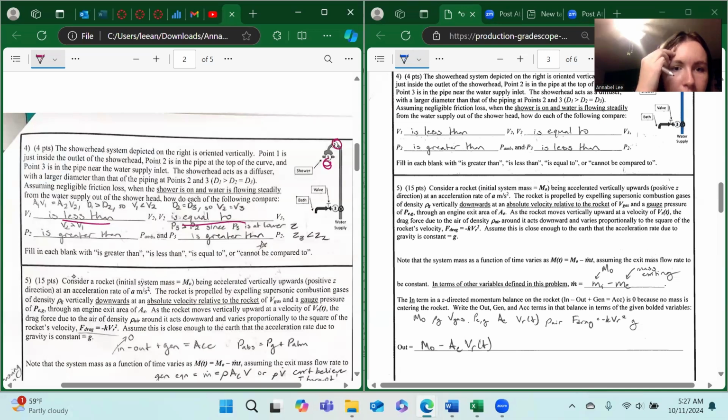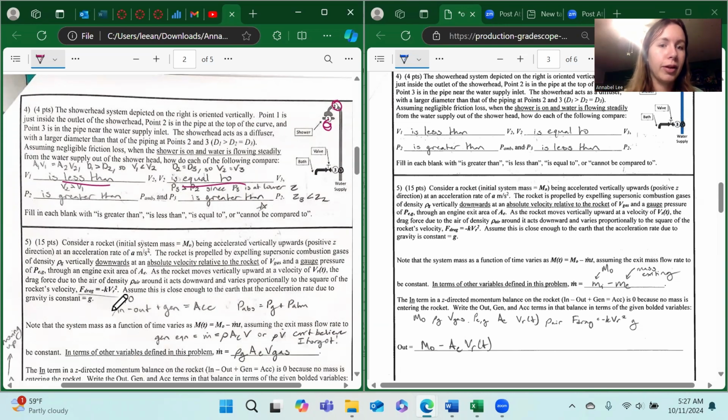You're already going to have the pressure inside there, and it's just going to be less than the atmosphere. If P2 were less than the atmospheric pressure, it would be stuck. That's not happening in a shower. I hope not. You'd have to get a plumber. Then P3 is going to be greater than P2, since P3 is at a lower height.